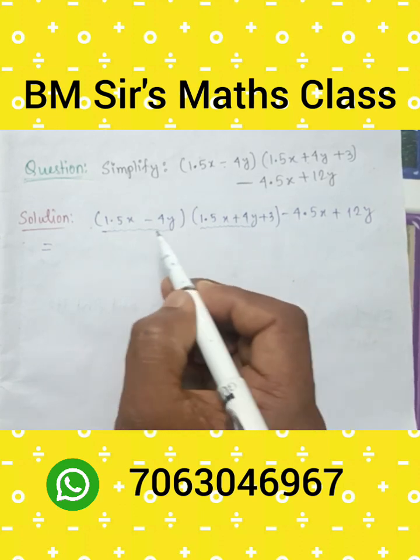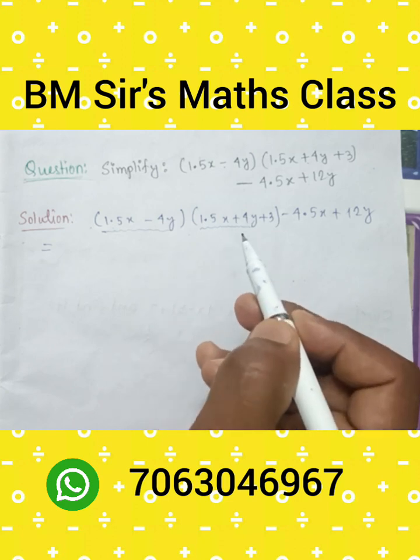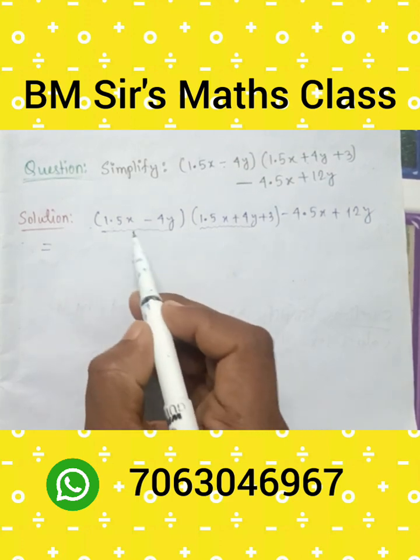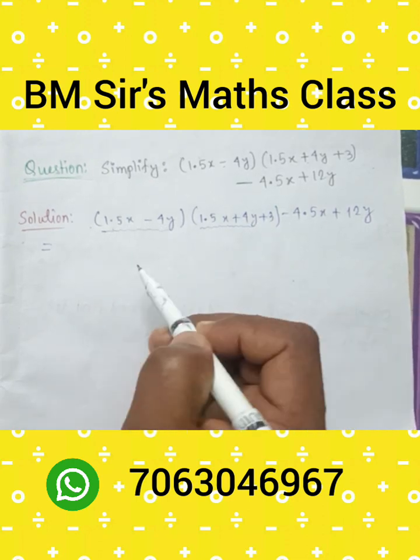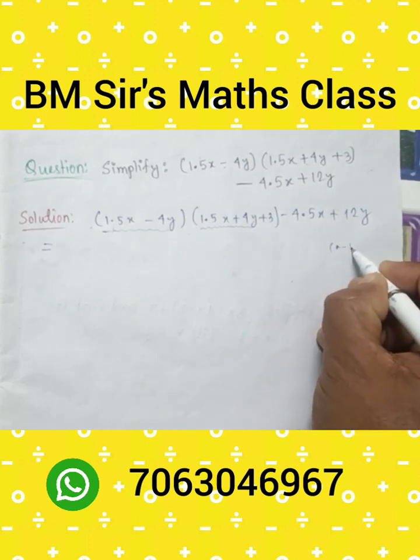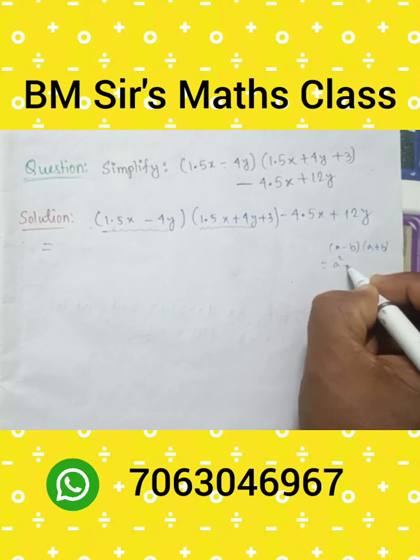So easily you can multiply it, or simply you can multiply term by term. Both are the same case. If you follow the shortcut method, that means this (a − b)(a + b), then you'll use the formula: a square minus b square.